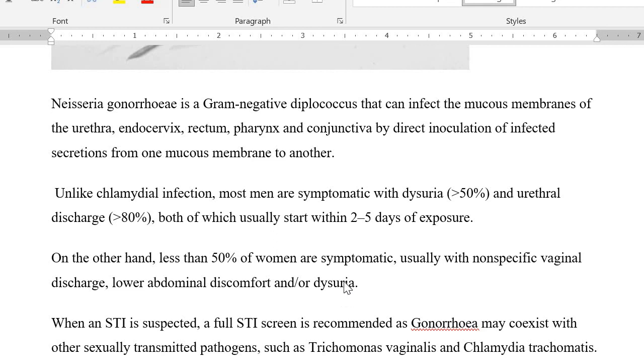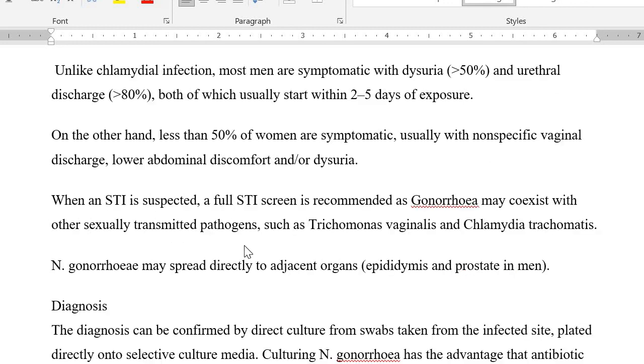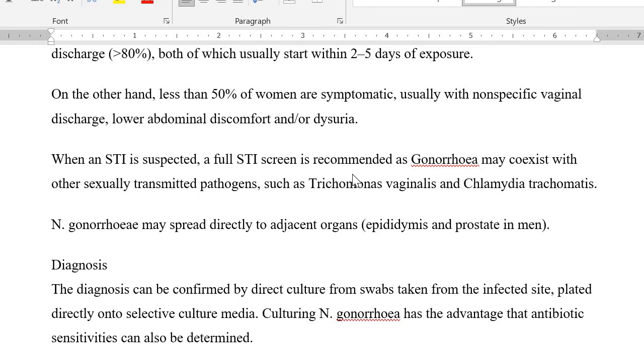On the other hand, less than 50% of women are symptomatic. So more than 50% of men are symptomatic, and in females less than 50% are symptomatic. More than 50% will be asymptomatic, usually with non-specific vaginal discharge, lower abdominal discomfort, and/or dysuria.